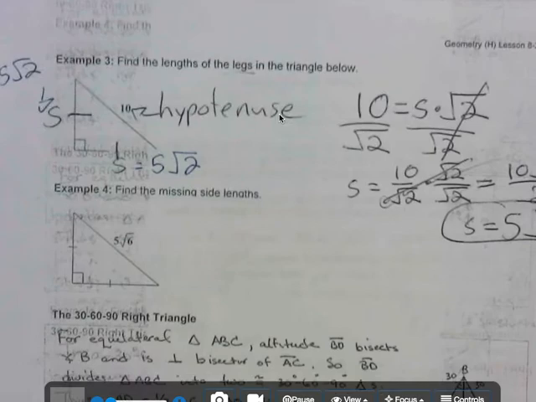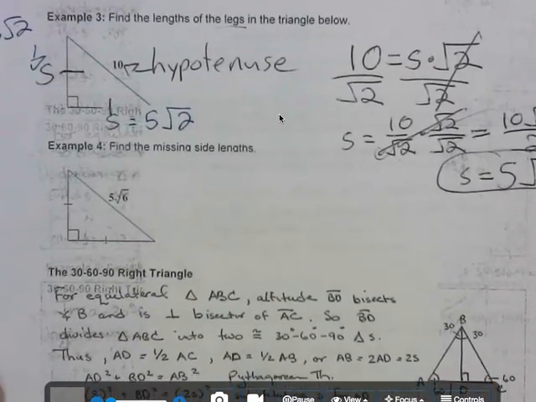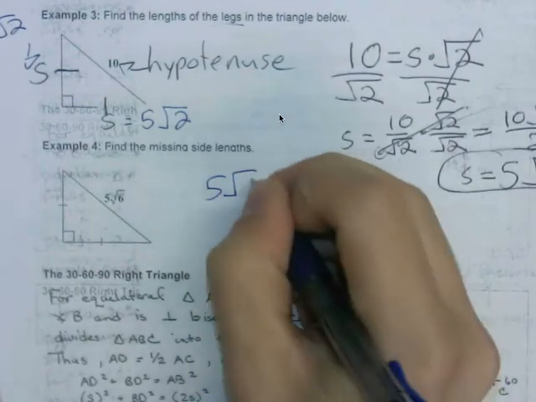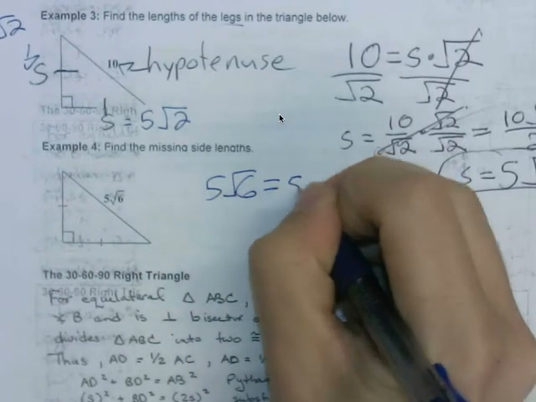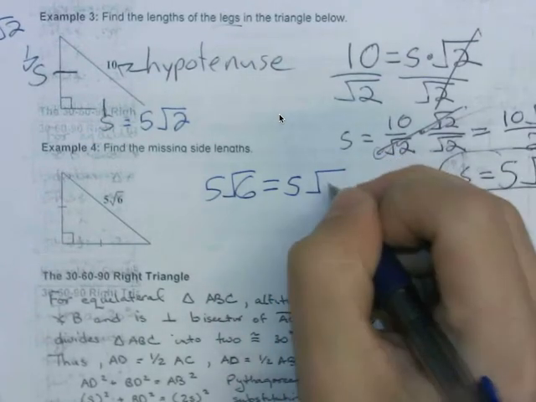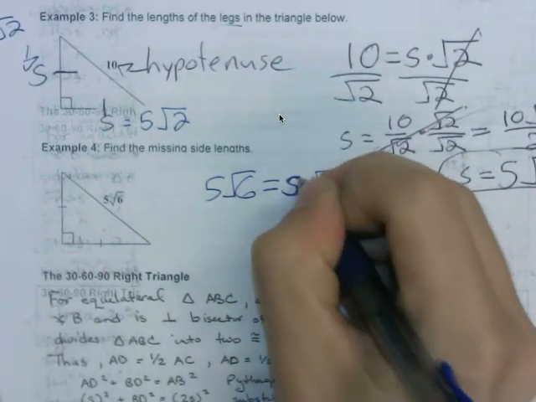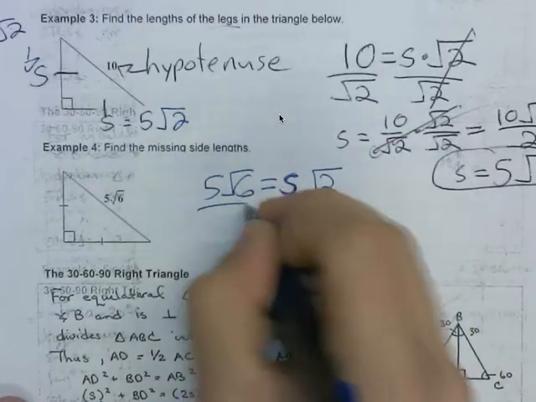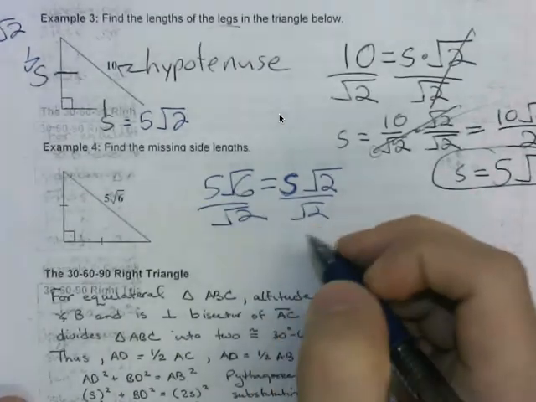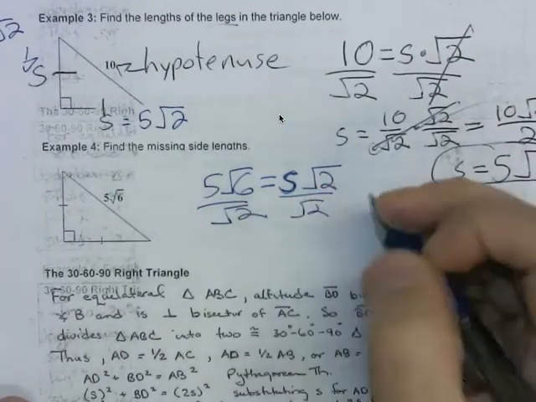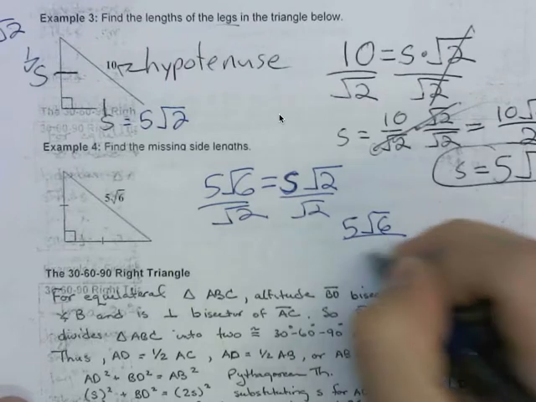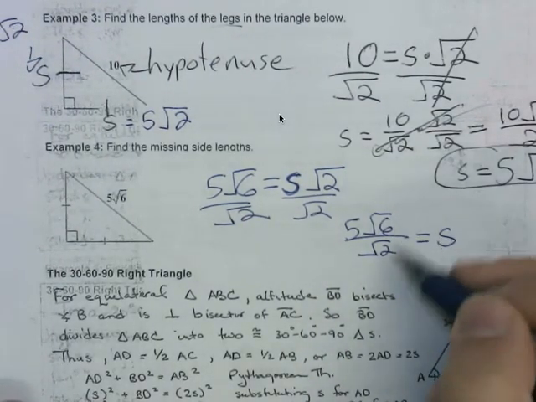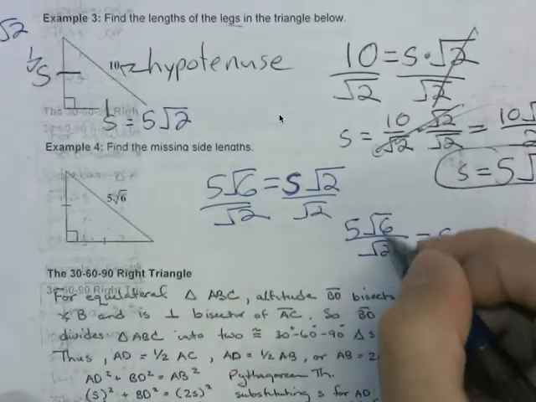Take a moment, try example 4, which you can do as the same kind of setup. 5 square root of 6 should be equal to our side multiplying with square root of 2, make this more like an S. If we divide both sides by square root of 2, you get this 5 square root of 6 over square root of 2 should be equal to S. I don't really like how this is written, so I'm going to see if I can cancel out the square root of 2.